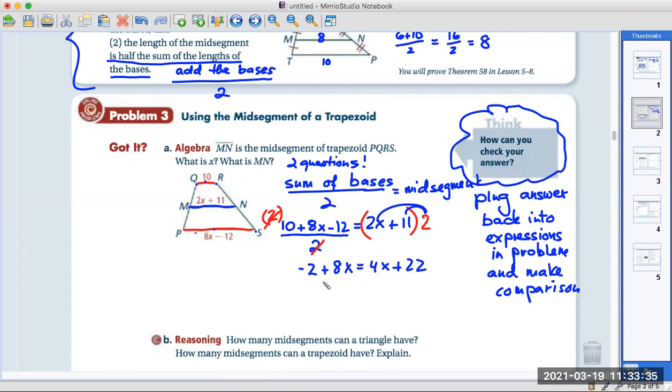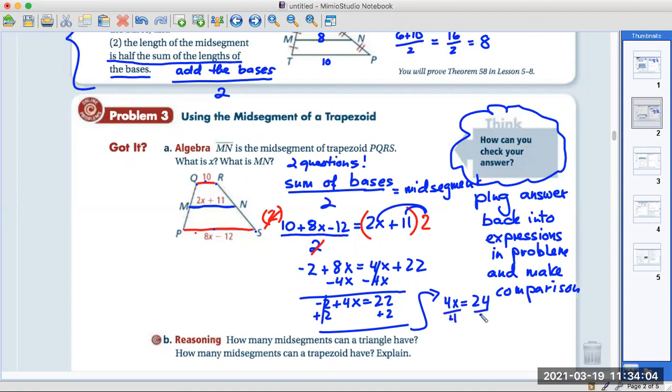Now I'm going to start with the x's, subtract them from both sides. 8 minus 4 is positive 4x. And then add 2. 4x equals 24, 22 plus 2. Divide by 4, it's 6, right?